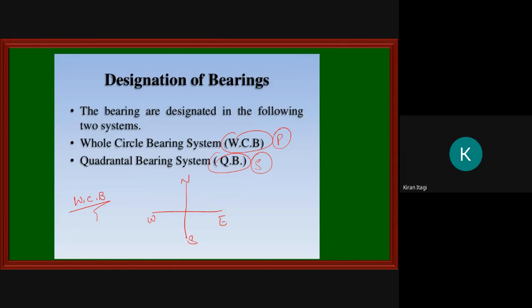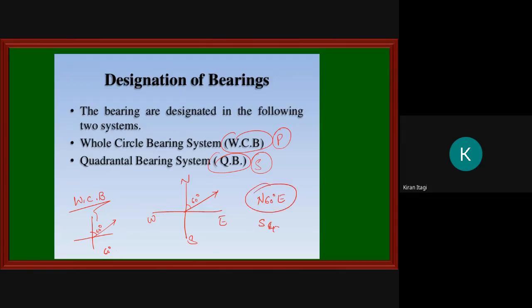Say this is 60 degree. In whole circle bearing we directly measure and get 60 degree, but in the quadrant system we write north 60 degree east.